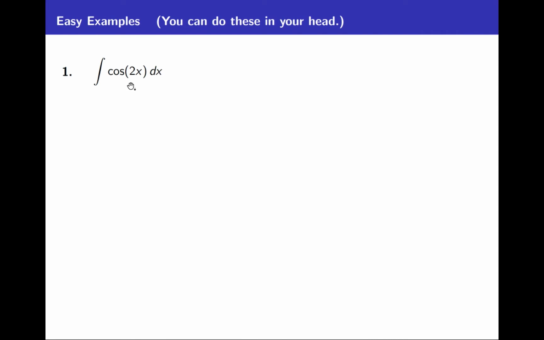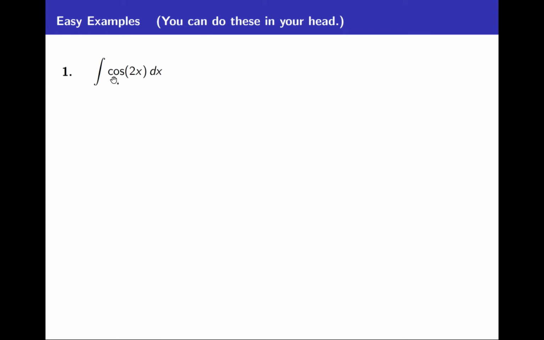Now, we can do that in our heads because it's cosine 2x. It's so much like the integral of cosine x that you would expect that this answer should be, let's see, the antiderivative of cosine is sine. So it should be sine of 2x, you'd think. But then the derivative of sine of 2x is cosine of 2x times 2.